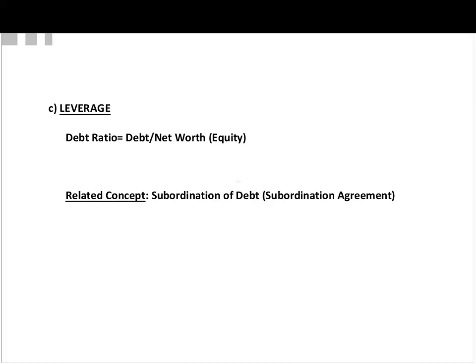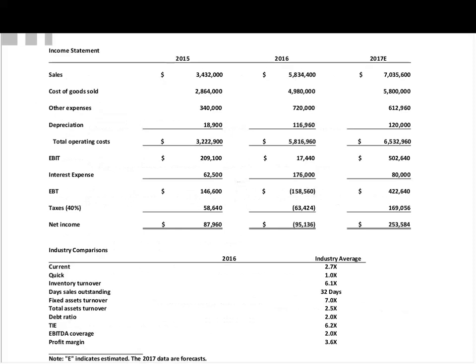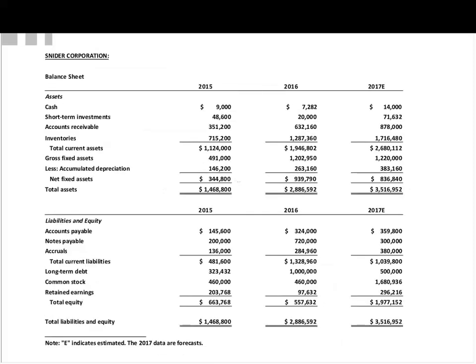Well, if you go back with me to page number 13, you see the industry standard debt ratio 2.0 at the bottom. But if you go back to page number 12 to the balance sheet, and look at the bottom right-hand side of the balance sheet under common stock. Bob and Sue Snyder sold off part of their business.